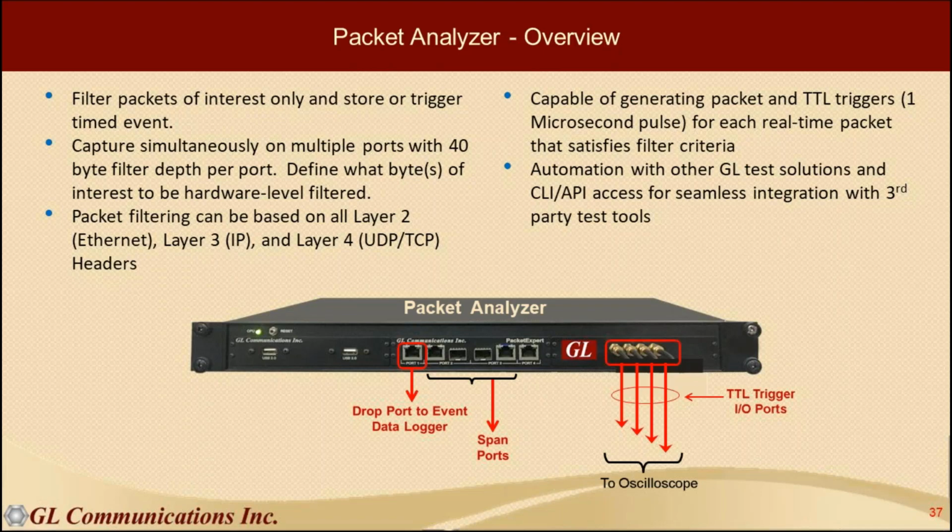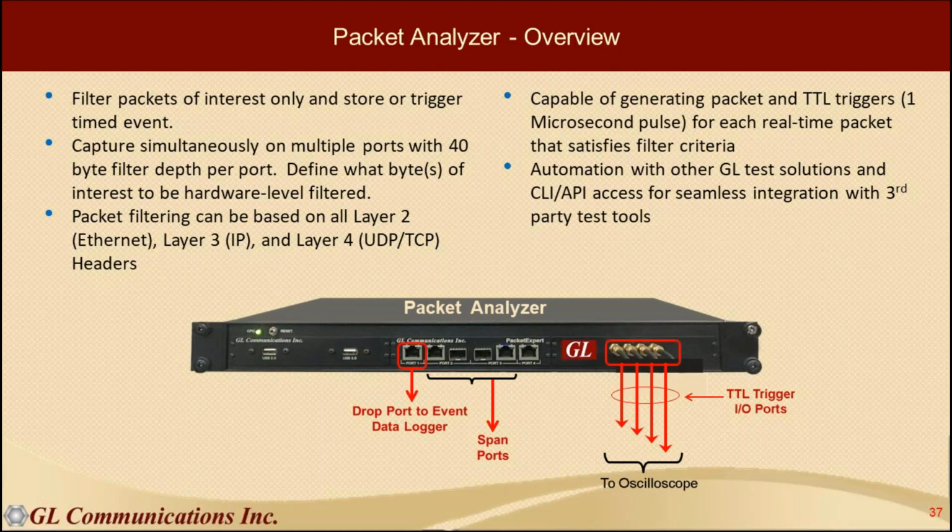I have taken a TTL output from an audio analyzer and run it into channel 1 on the oscilloscope. I've taken a TTL output on the packet analyzer and run it into channel 2 on the same oscilloscope, and I'm able to see visually on the oscilloscope the delta between those timing events, those events of interest. So those things can happen.